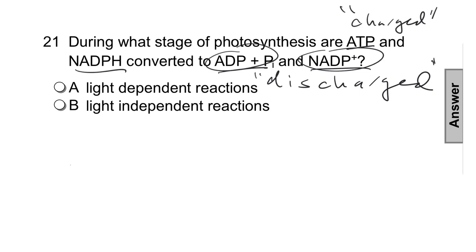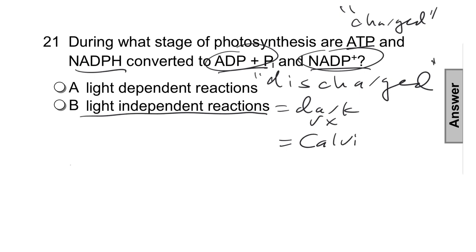So where do we use the batteries? Where do we use the energy molecules? We use them in the dark reactions, which would be that right there, also called the Calvin cycle.